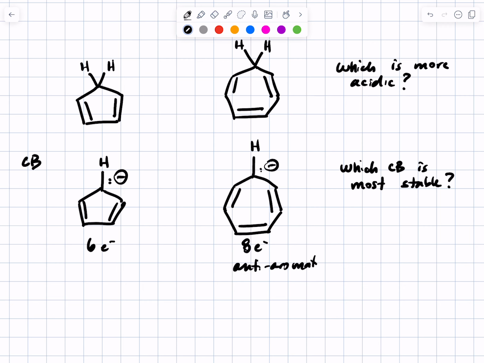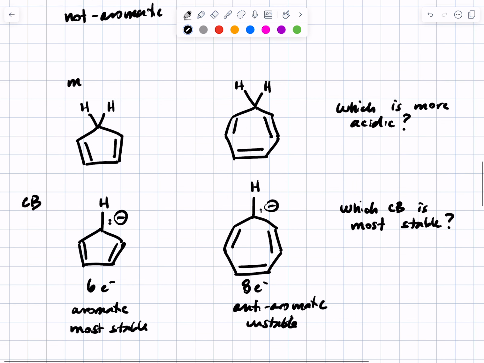Remember that anti-aromatic means that it is especially unstable. So, the aromatic conjugate base is most stable. Therefore, this starting material had to be most acidic. You don't even need to know a pKa to tell that. You just reason it through by thinking about what the conjugate base is.